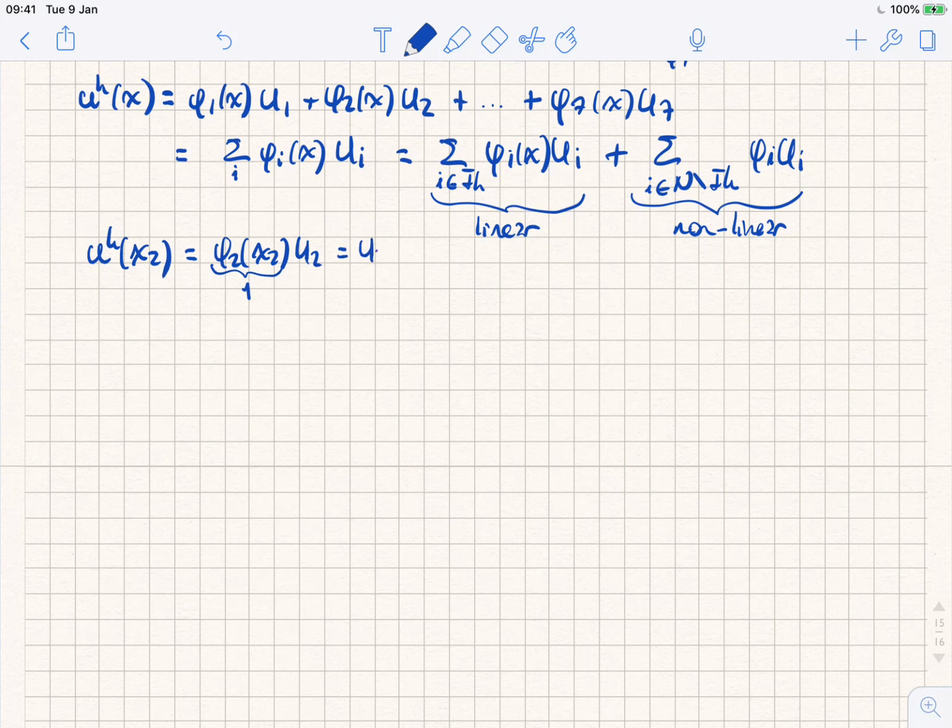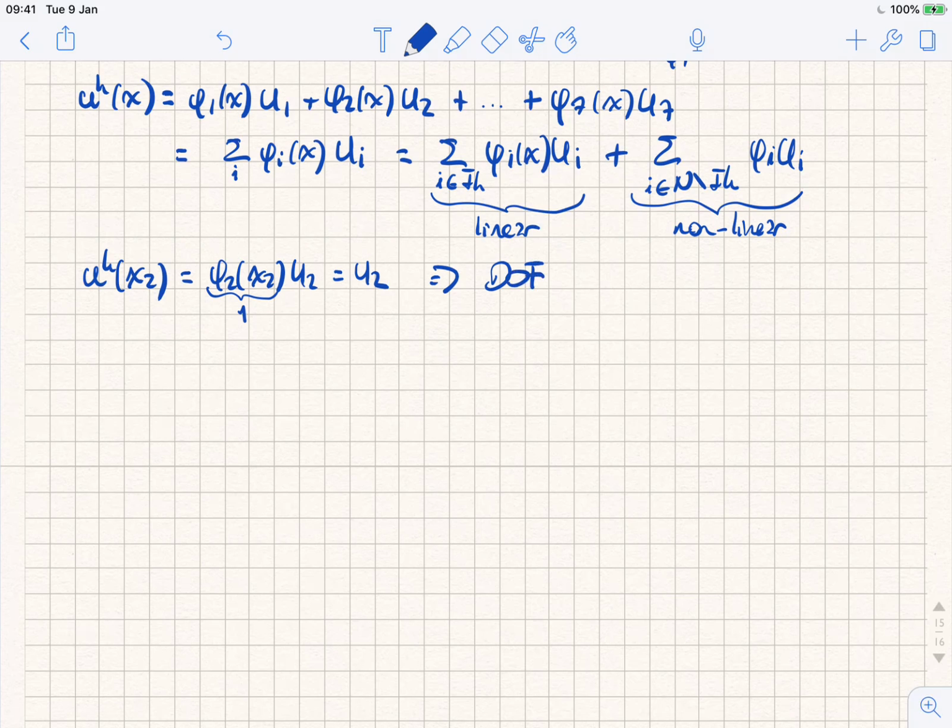And then this is equal to u2. And so the degree of freedom u2 has the same meaning as the displacement as before in h-FEM.